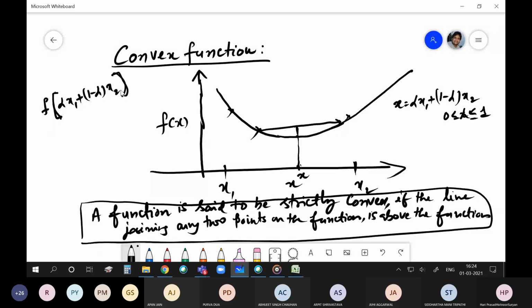What is the value on this straight line, which is the line connecting these 2 points, at this x? What is the value here in terms of f of x1 and f of x2? How much is that?